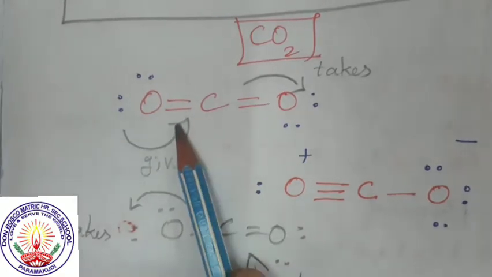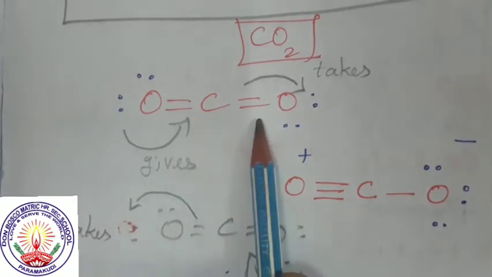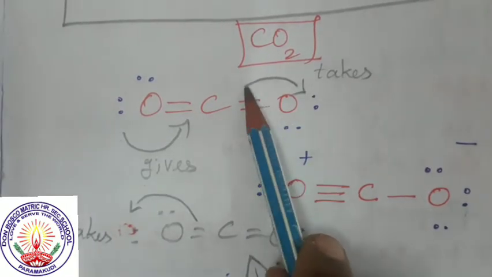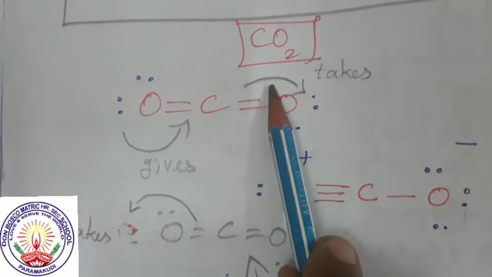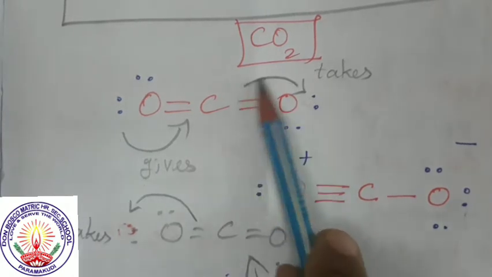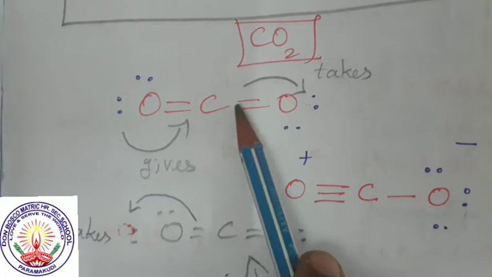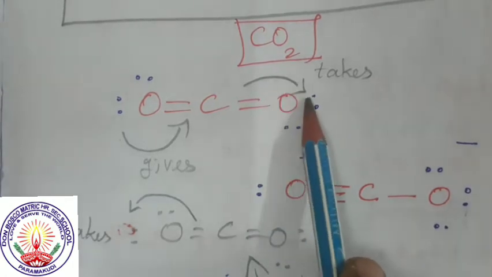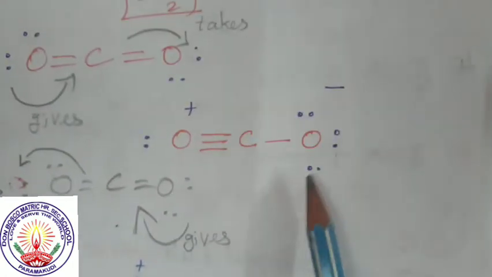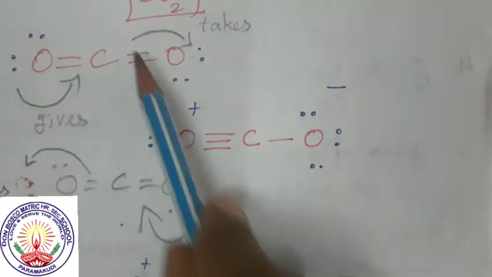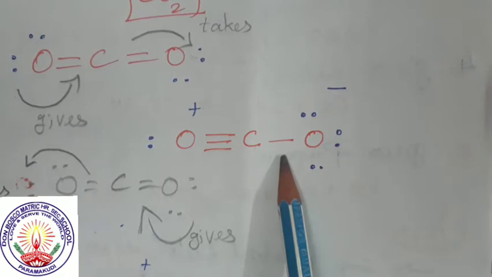So this is the actual structure of carbon dioxide, and here we shall see that from this bonding this oxygen receives electrons. Here they already have 4 electrons. So this bonding electron will come here, therefore they will have 6 electrons: 2, 4, 6. So the double bonding will become single bonding.